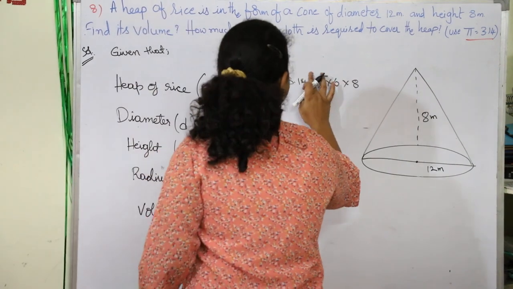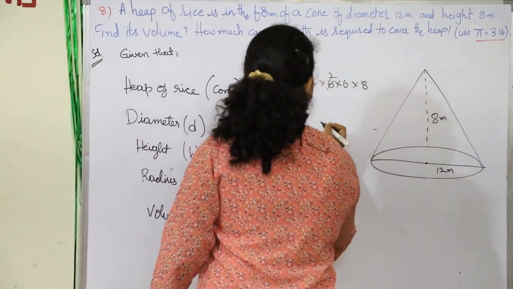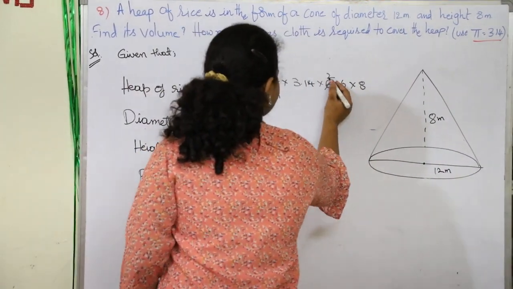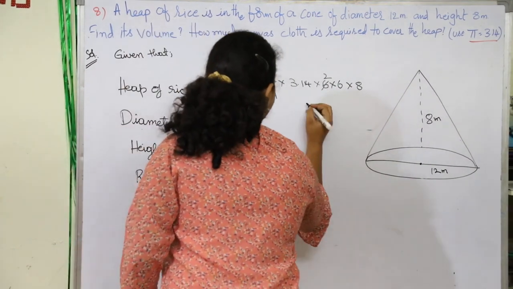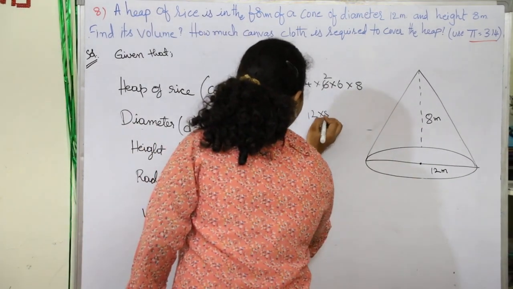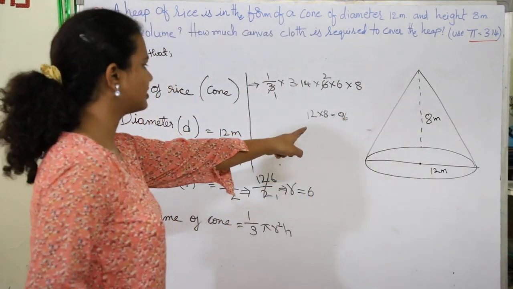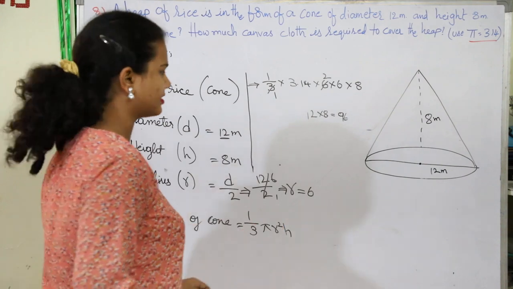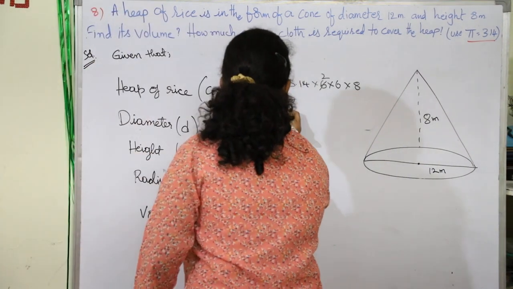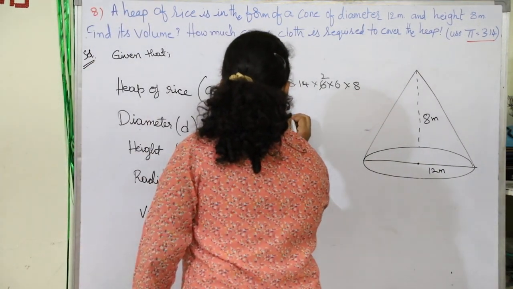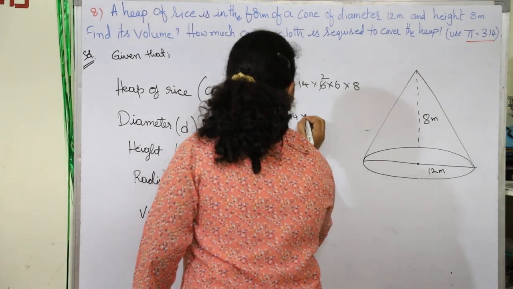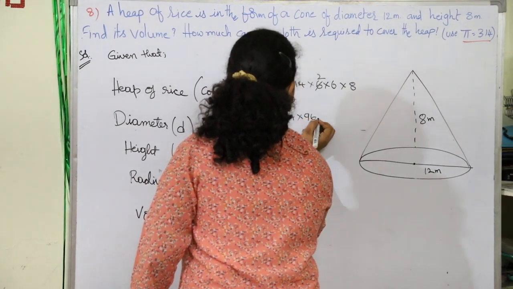Now here just take 6 into 2. 6 2 is 12. 12 8s 96. Right? 6 2 is 12, 12 8s 96. So let me take 3.14 into 96.